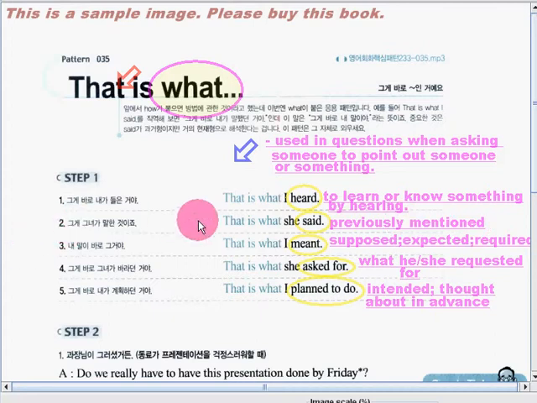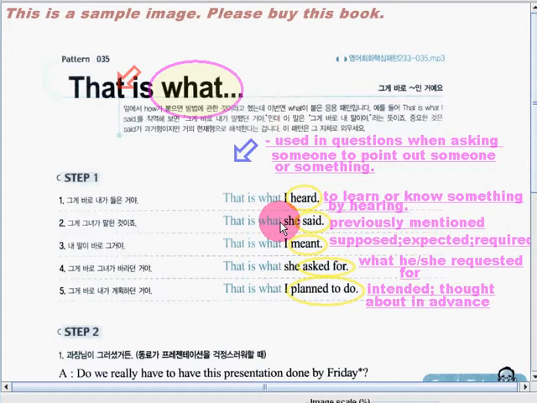Number 3, that is what I meant. We already encountered this word meant, and that means supposed, expected, or required. So here you are pointing out that that is what you expected. That is what you meant.